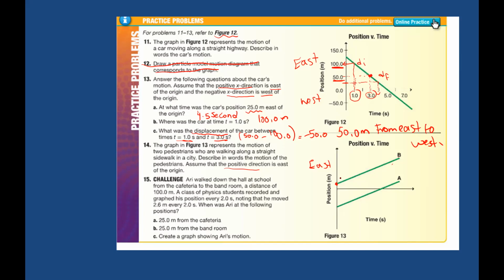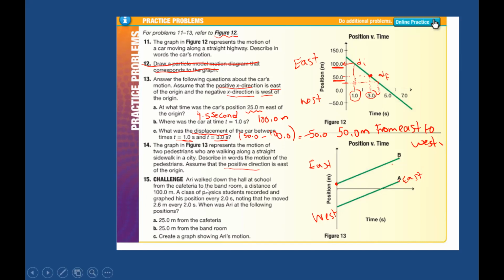However, A starts below the origin, meaning he starts west of the origin, and he moves at a constant speed within the same amount of time and ends up east of the origin. So he starts at west, he finishes at east because he is above the origin. That's one way of describing his motion. And he is also moving at a constant speed. I know that because it's a straight line.